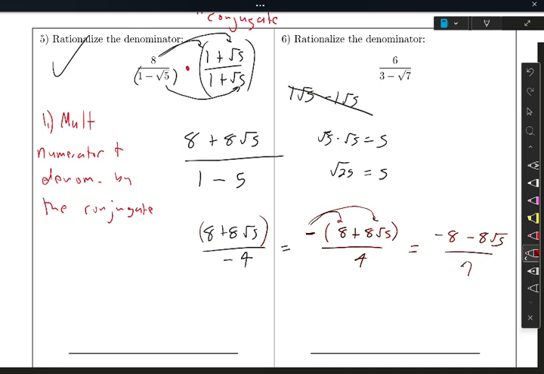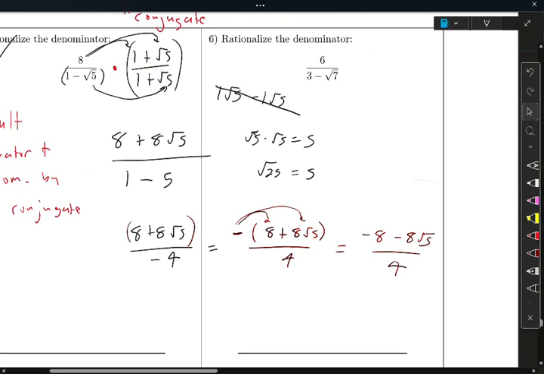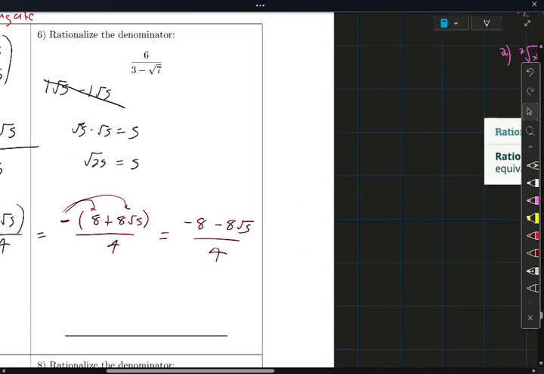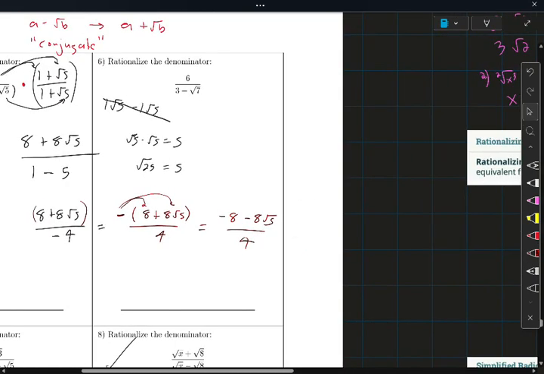Okay, almost done right here, but we can simplify a little bit more. 4 goes into negative 8 twice, so that's going to be negative 2, and 4 goes into 8 twice, so that's minus 2 root 5. There we go. Negative 2 minus 2 root 5 is my final answer.